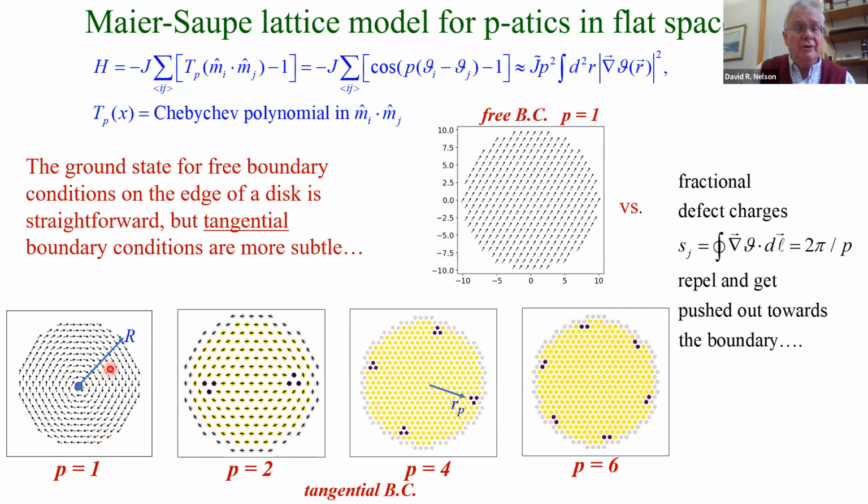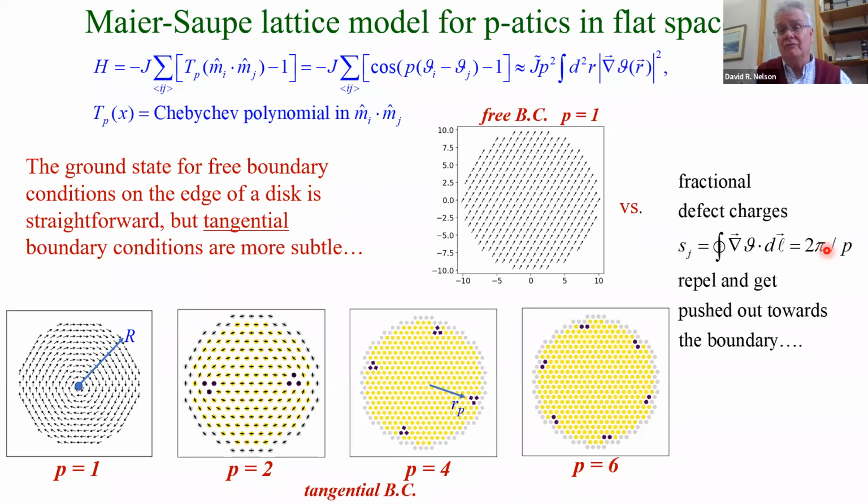So if I have a disk of radius R, there's no Gaussian curvature yet. There'll be a single defect at the center, a single vortex. But as soon as you increase p to other values like 2, 4, and 6, the defects fractionate. They repel each other.